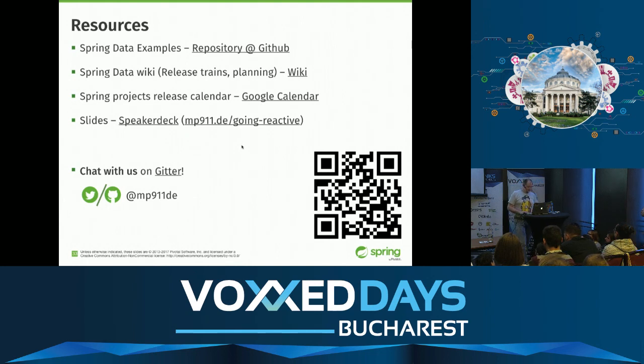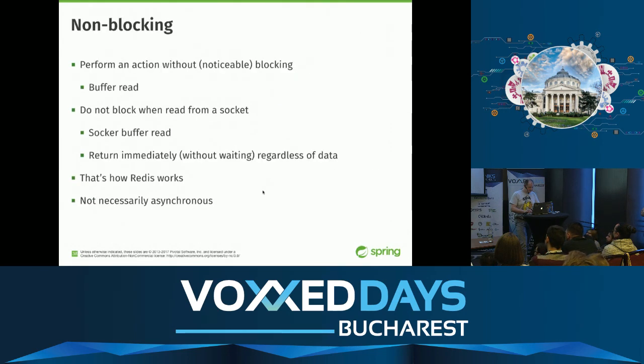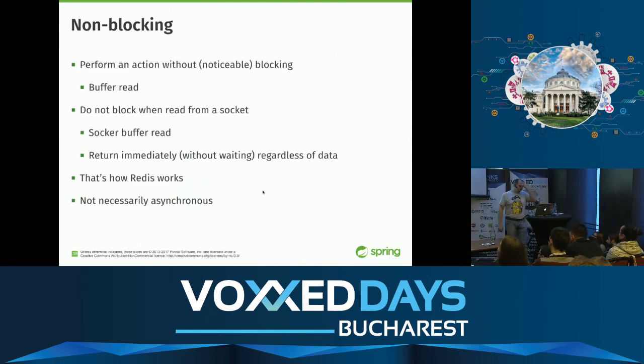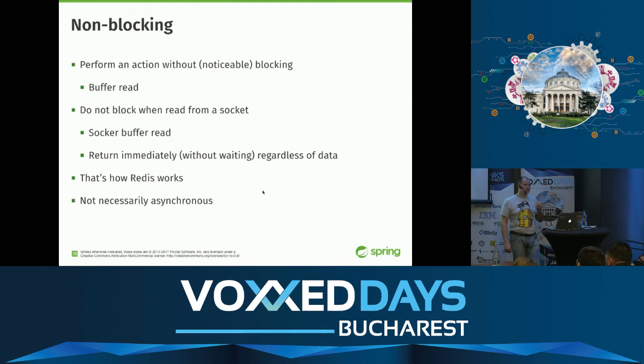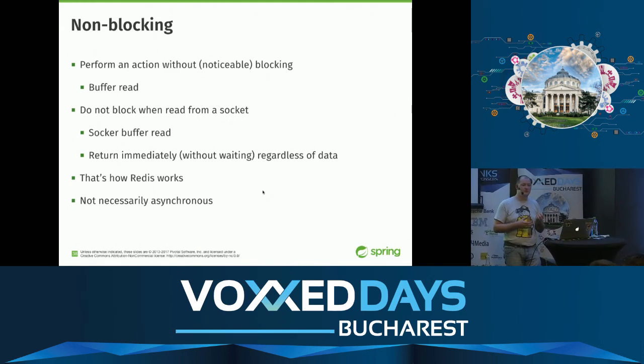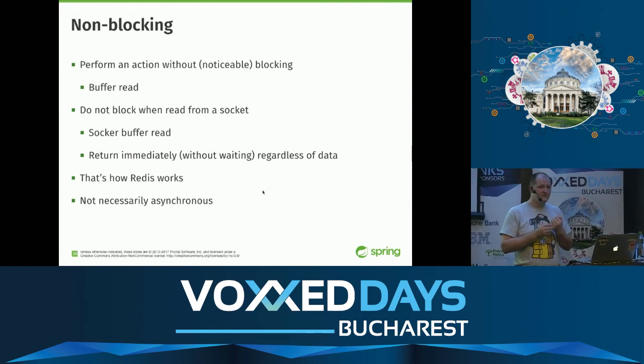So how does it work? Let me see whether I have something. Ah, yeah, here we go. The thing is, we need dedicated drivers because today's MongoDB driver is blocking and synchronous. So that's not going to work with reactive data access. We have to use the reactive MongoDB driver, which is available as Reactive Streams. For Redis, we have an asynchronous and event-driven driver, which works pretty well with reactive data access.